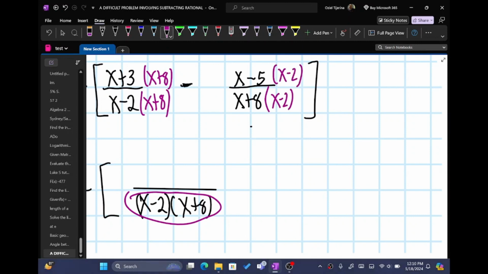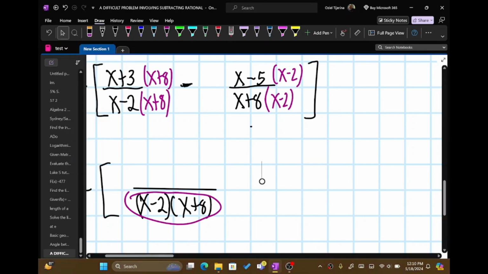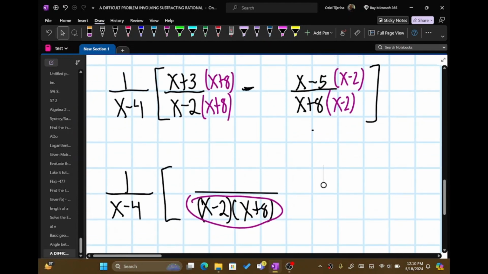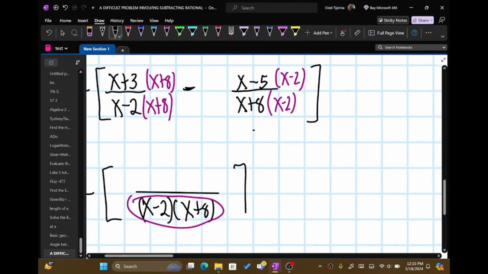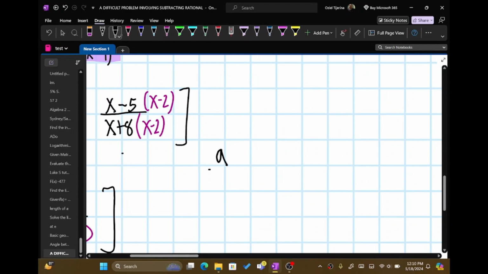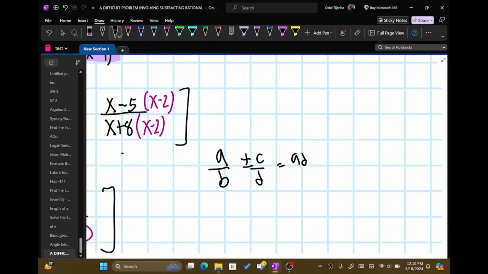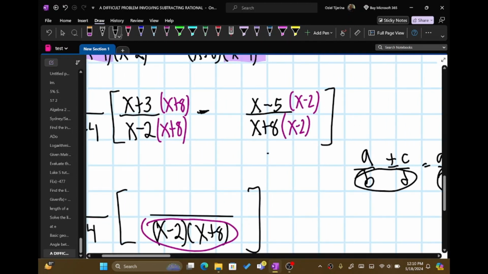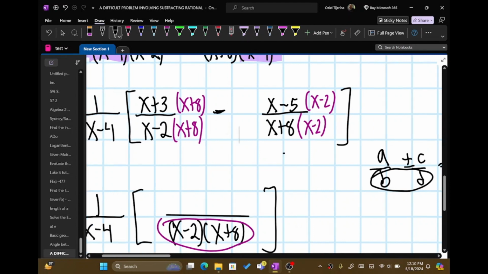So as you can see, we have a denominator of this, because like I said, there's no other denominator that's possible here. The reason for that is the rule a over b plus or minus c over d equals ad plus or minus bc over bd. You see how the b and d multiply together on the bottom. Same thing here. x minus 2 times x plus 8 are going to go at the bottom.